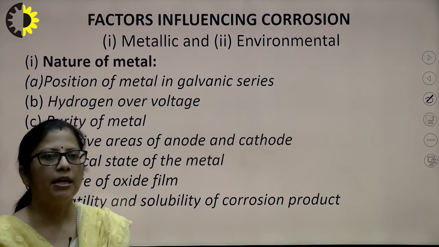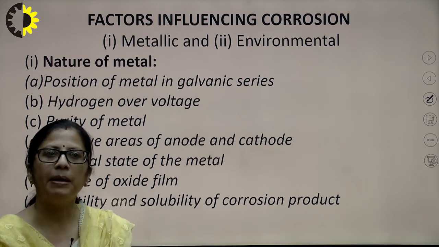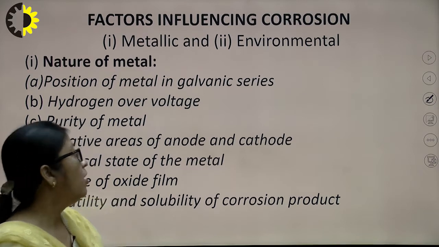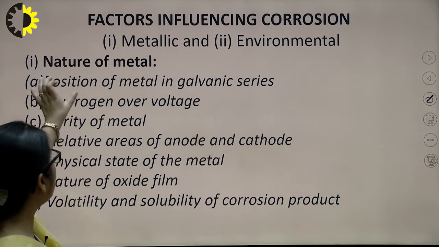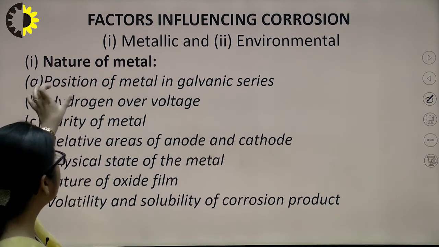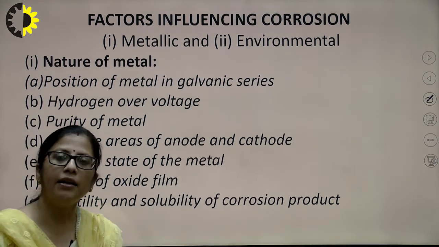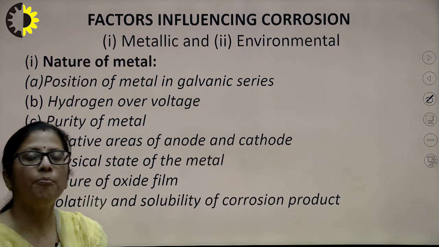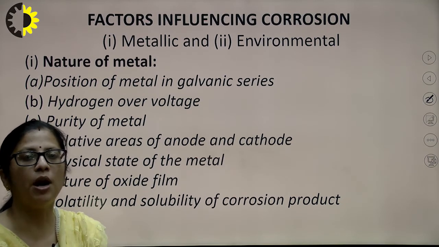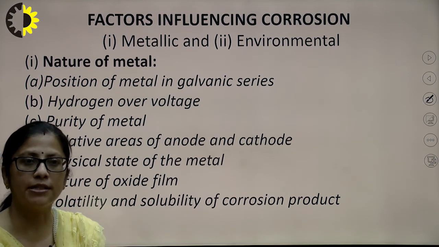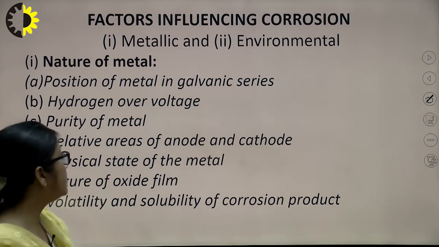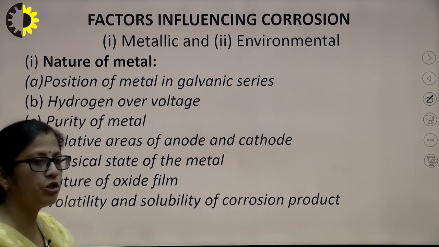First, coming to the nature of the metals, the first factor is the position of the metal in the galvanic series. The higher the metal is in the galvanic series, the more is its tendency to undergo corrosion or oxidation. Then the second is the hydrogen overvoltage.